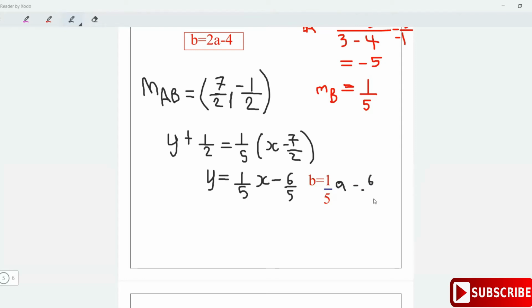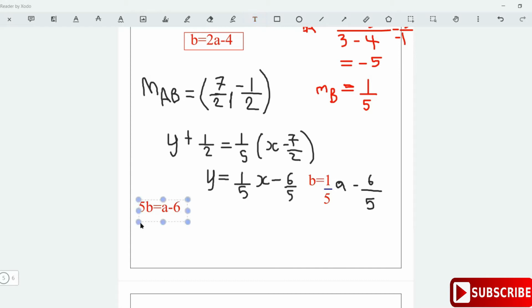So all we have to do is multiply through by 5, then this equation is going to become 5b is equal to a minus 6. Now look at that, we have 5b is a minus 6, and we also have b is equal to 2a minus 4.